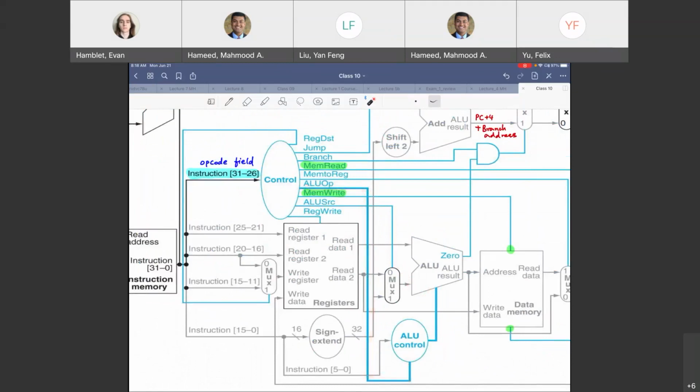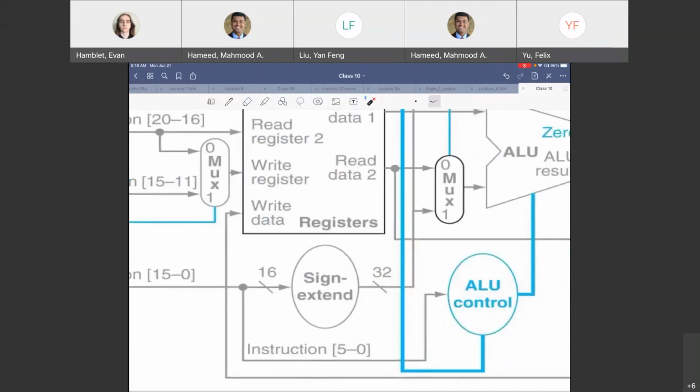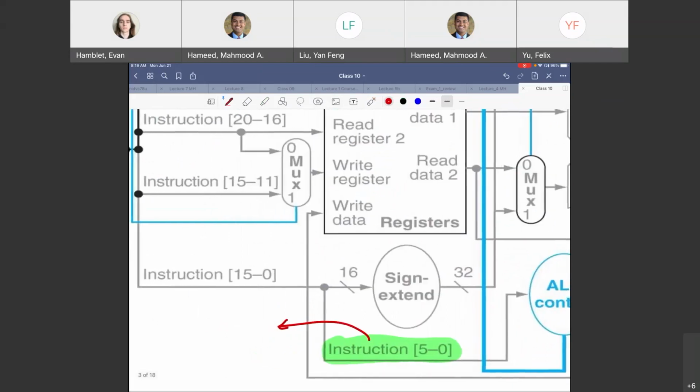So there is some ALU control block which takes in this ALU op field, and also the last 6 bits of the instruction. So what are the last 6 bits of an instruction? Everybody says it depends on the instruction. What is it for the R type? For the R type instruction, the last 6 bits are the function field, right?